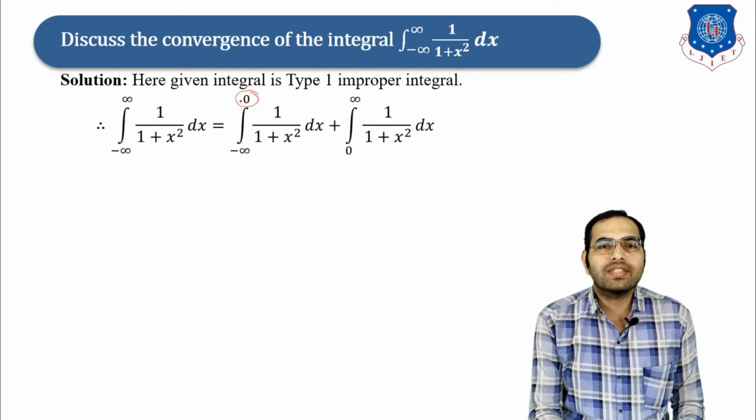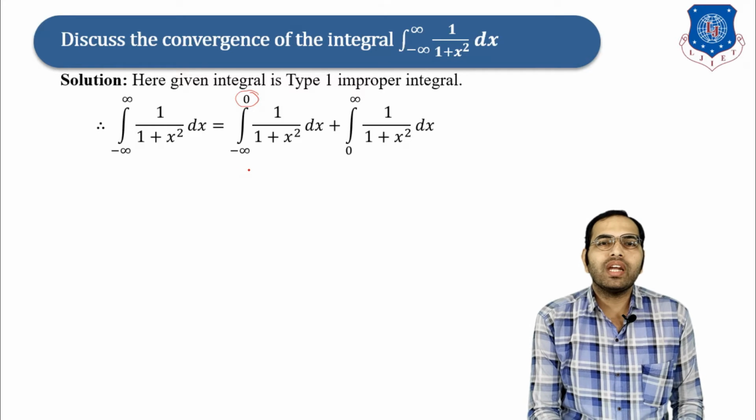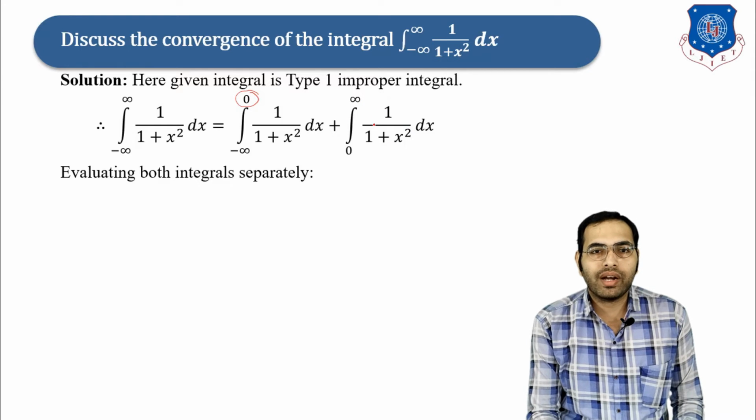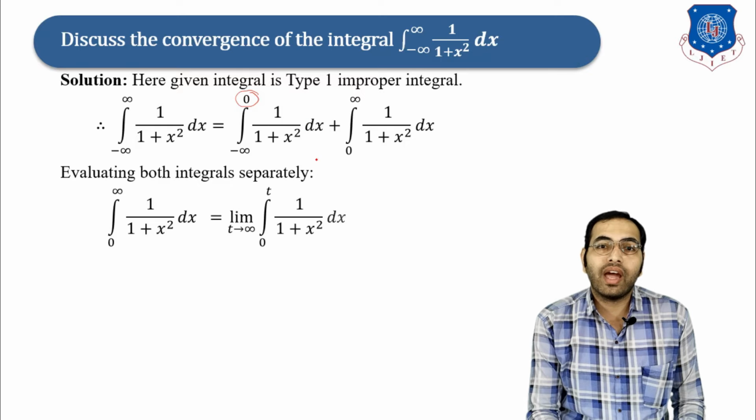We consider 0, meaning breaking the limit at the 0 position, so our integral becomes minus infinity to 0 of 1 upon 1 plus x square dx plus 0 to infinity of 1 upon 1 plus x square dx. Now we evaluate both integrals separately. Firstly we consider the second part, then we solve the first part, and finally add both.